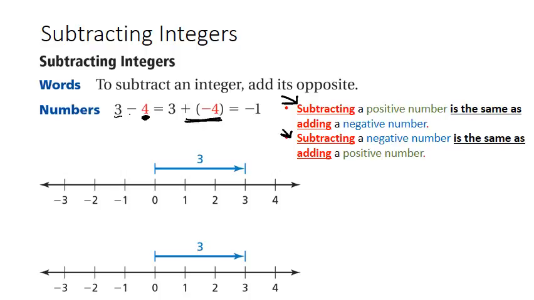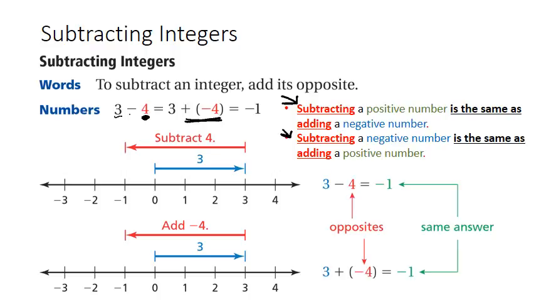Once we get to 3, we can add negative 4, or subtract 4 from that location, which means moving 4 to the left. So whether we subtract 4 or add negative 4, we're moving in the same direction along our number line and getting to the same location.